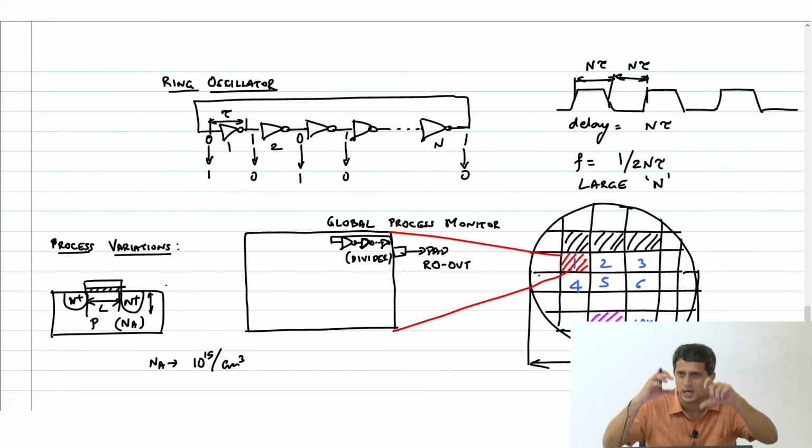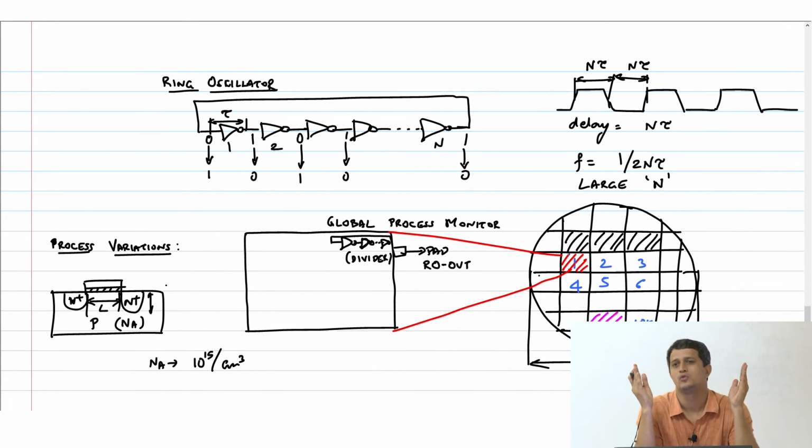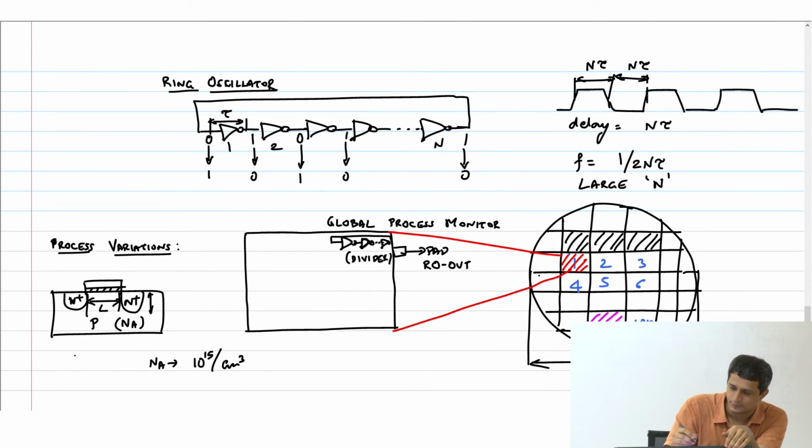I have to deplete the channel more and all that stuff, right? So when you start making the channel smaller and smaller and smaller, you also have this effect of random dopant fluctuation. Okay. So one is litho changes.